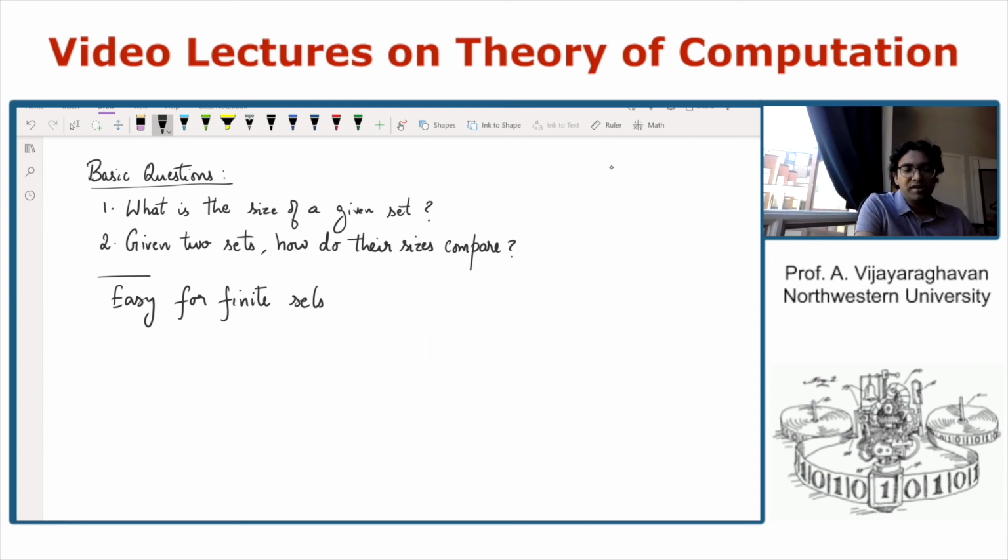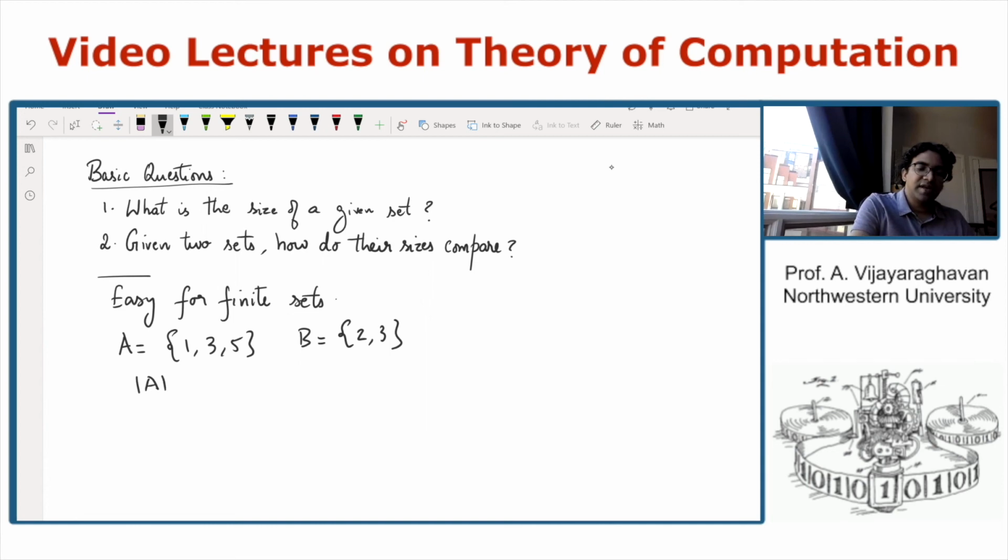Well, for instance, suppose I give you two sets: A, which has three elements in it, and B, which has two elements in it. I can easily just count the number of elements in these sets.